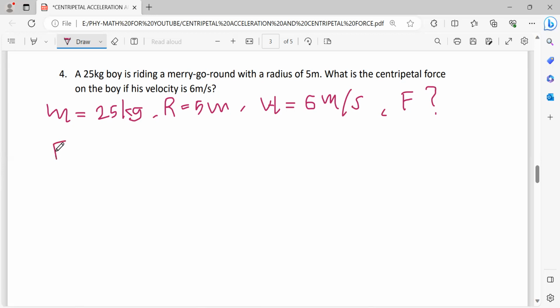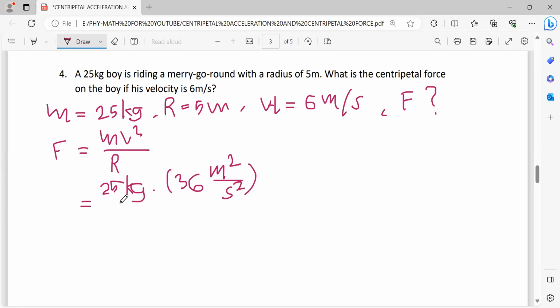Recall that the centripetal force formula was F equals mv squared divided by R. M is 25 kg times V squared. 6 squared equals 36 meters squared over second squared, over R, 5 meters.